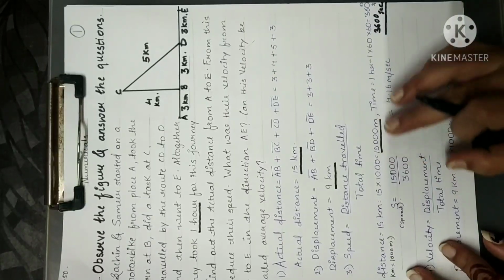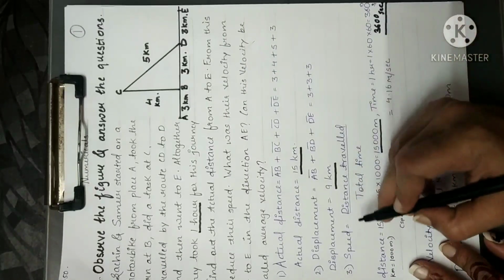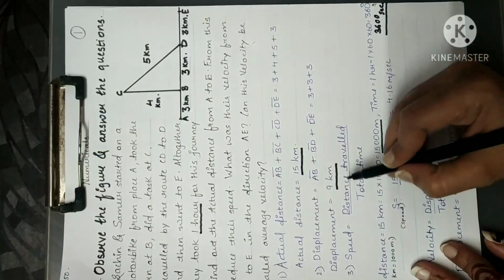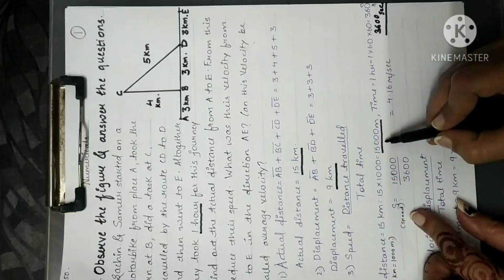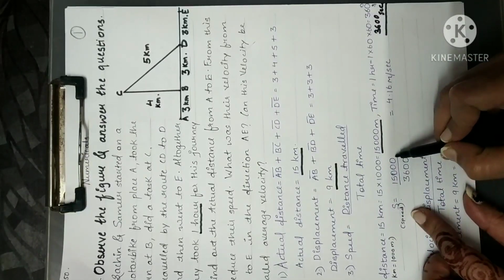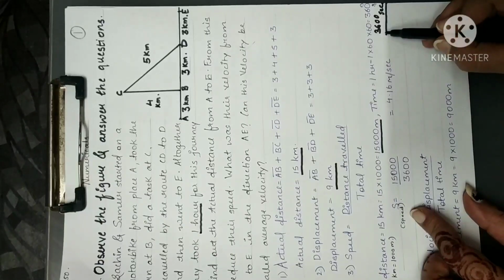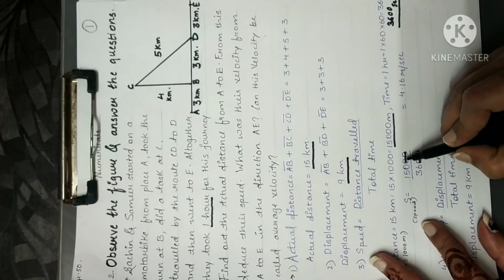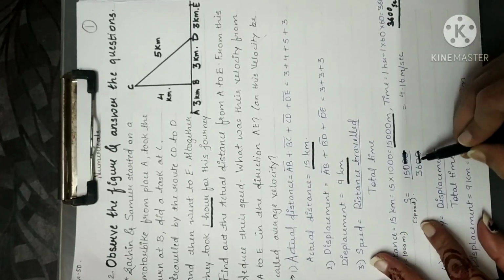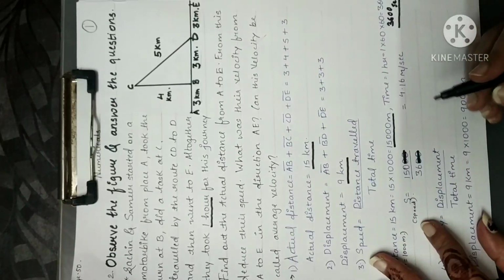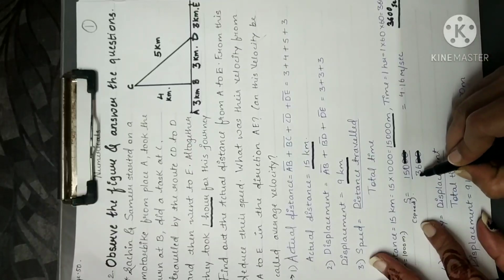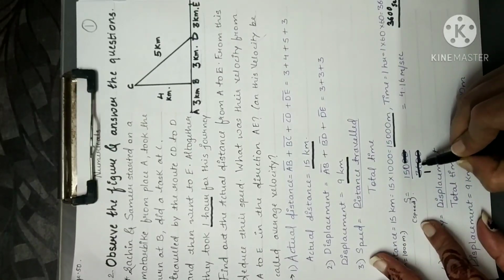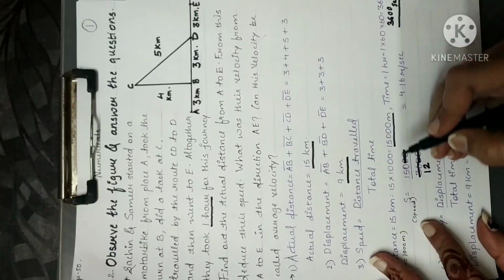We will put these values in the formula. What is the formula? Speed is equal to distance traveled upon total time. Distance traveled 15,000 meter and total time is 3600 seconds. Now see here, these zeros cancel, these zeros cancel. Now 3 ones are 3, 3 twos are 6.